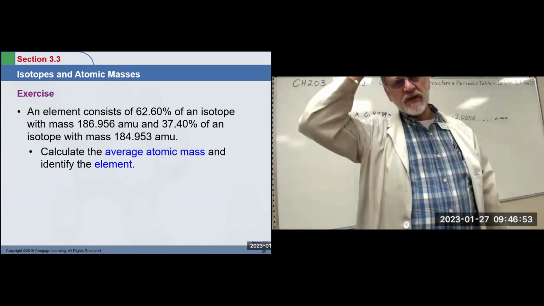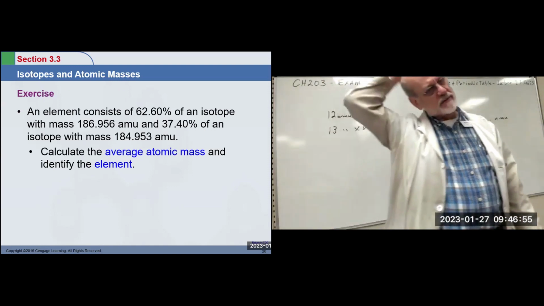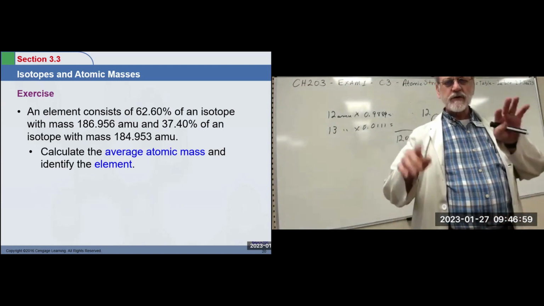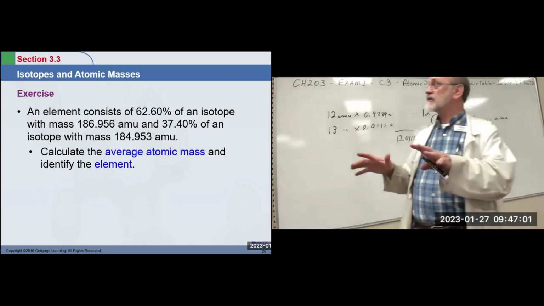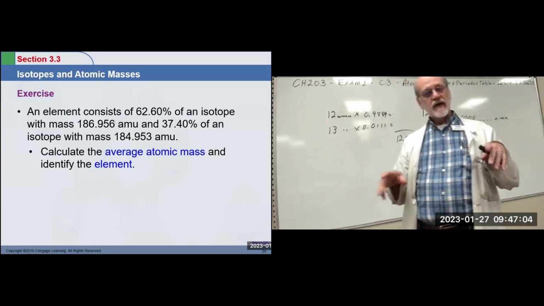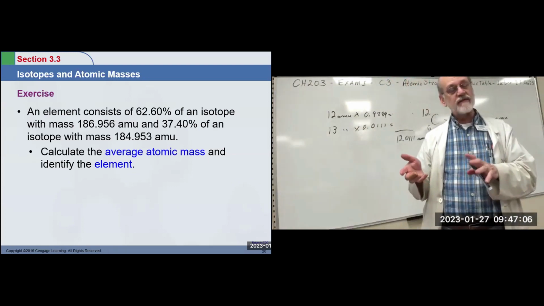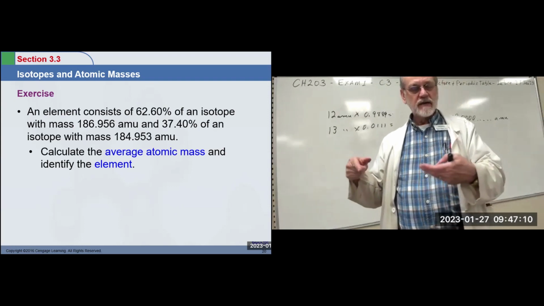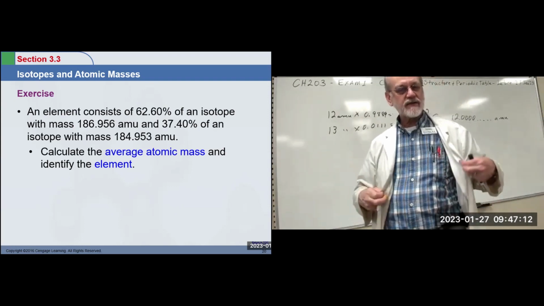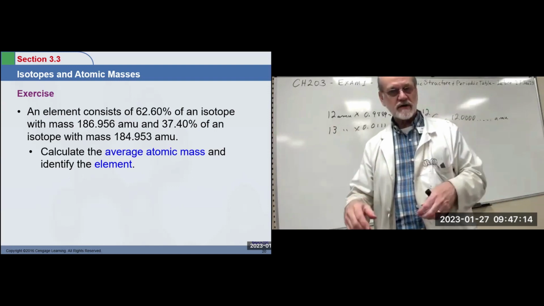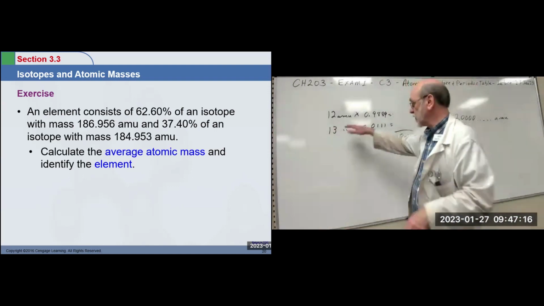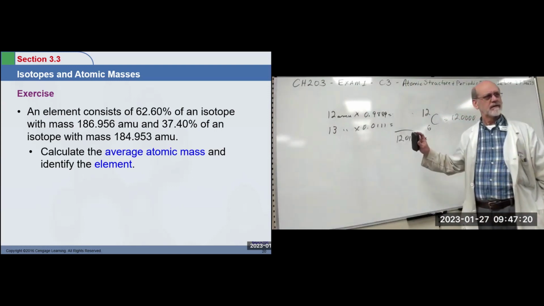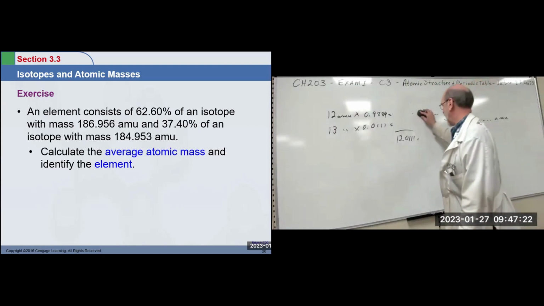Well, this particular exercise takes a different element with two different isotopes, one at 62.6% and the other one at 37.4%, and they have those atomic mass units for each atom. Then the average atomic mass is such and such, right? So we would go through that same procedure. Do I need to do that? I will if I need to.